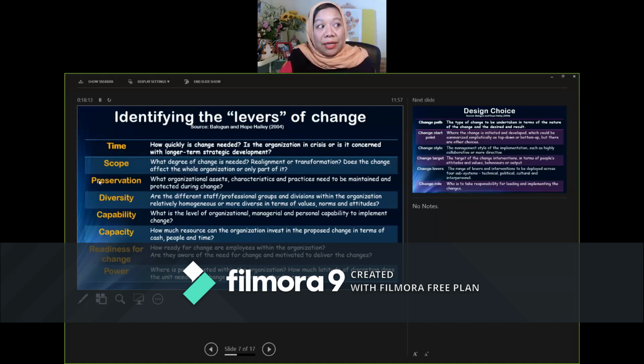So we have to understand what aspects change management leaders have to look into. And then diversity, and then capability, in terms of organizational, managerial, and personal capability.